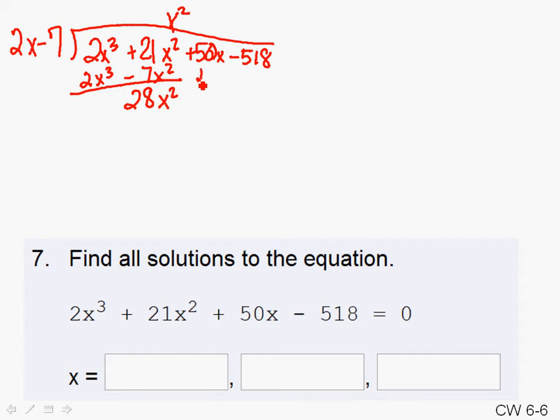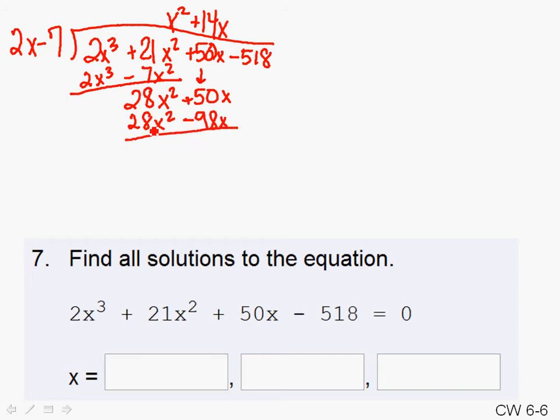Bring down the 50x. 2x goes into 28x squared 14x times. 14x times 2x is 28x squared, and 14x times negative 7 is negative 98x.